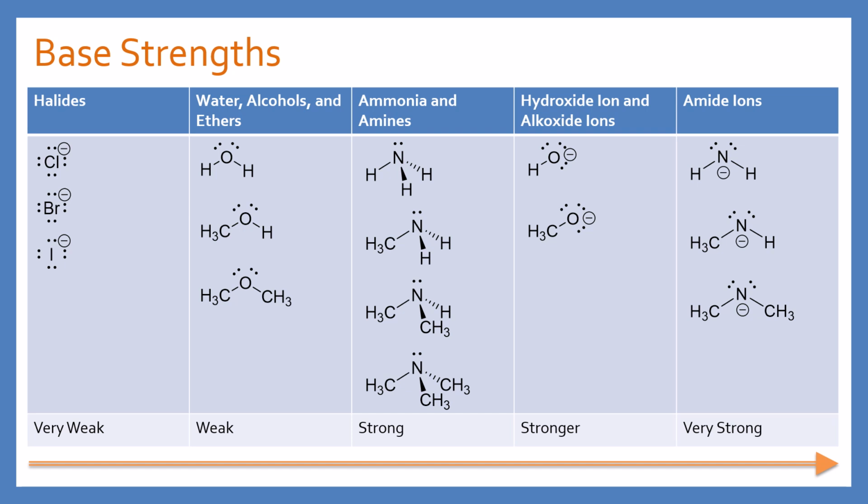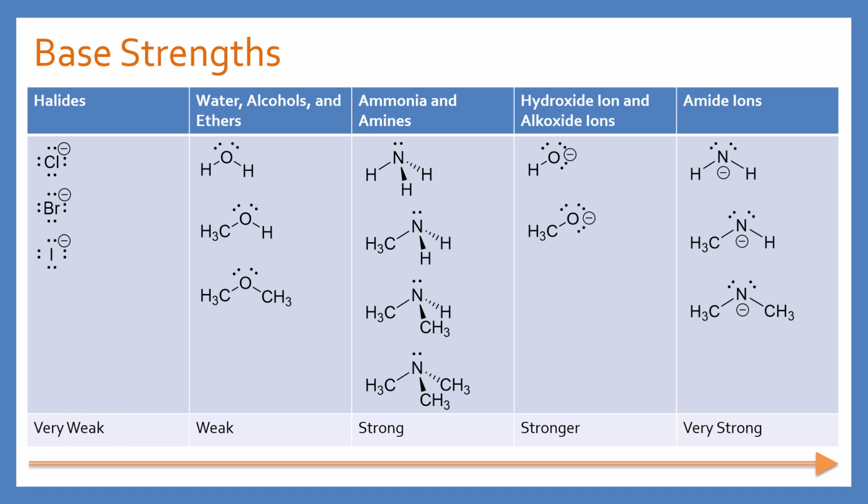This is a pretty basic chart that gives you an idea of common weak bases and common strong bases. So you can see I have all of the halogen bases here, all of our conjugate bases of strong acids down here listed as very weak, right?